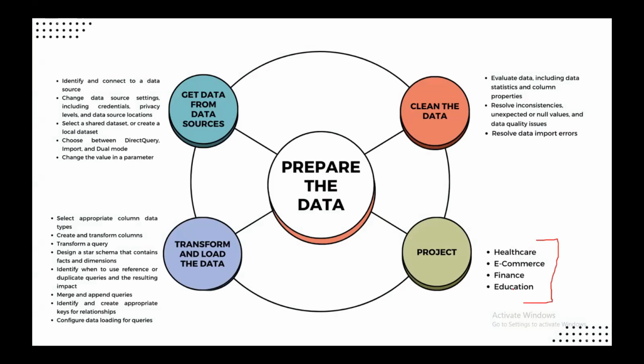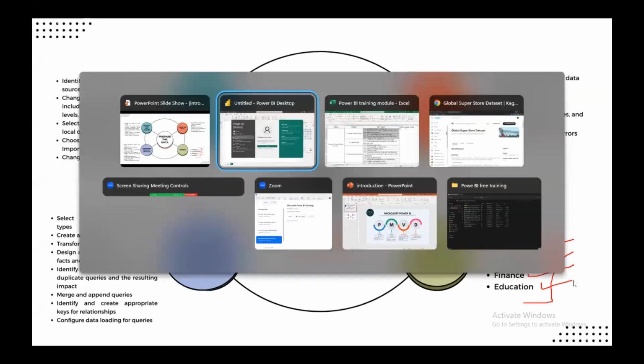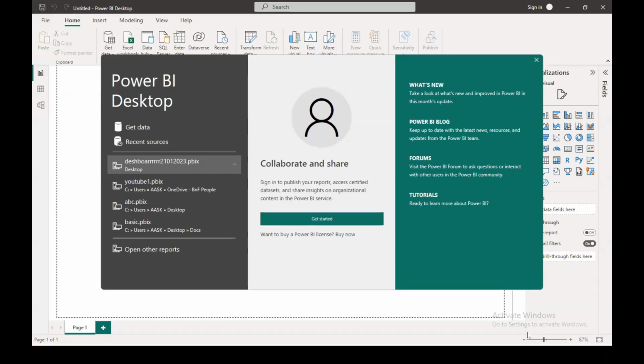In these projects, you have to select a data set from an online platform: one from healthcare, one from e-commerce, one from finance, and one from the education sector. These 4 projects we have to do in the first module. Now let's get back to our Power BI.